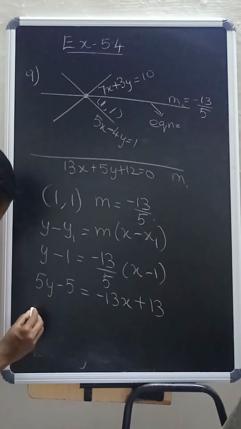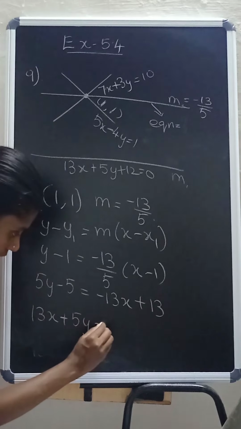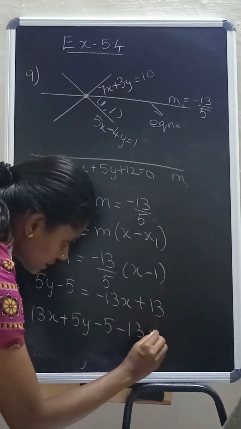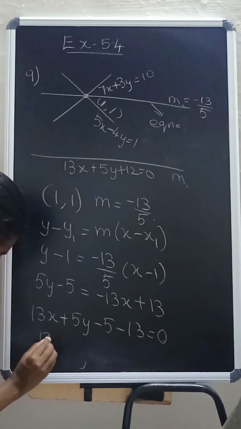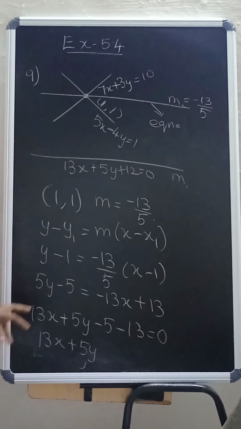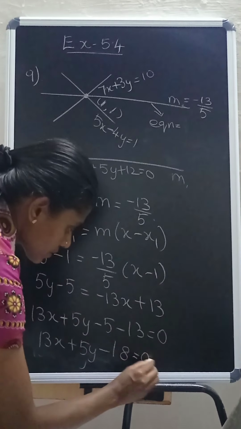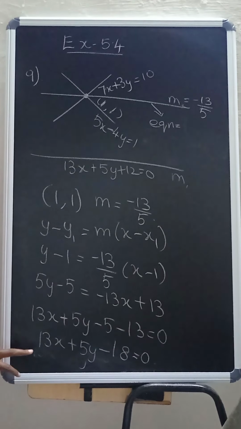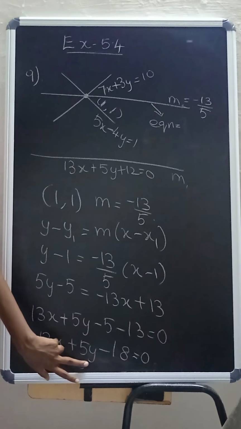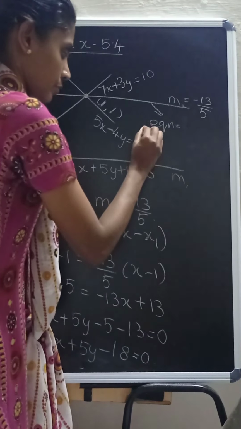Now bring this to the left side. 13x plus 5y minus 5 minus 13 is equal to 0. So 13x plus 5y minus 18 is equal to 0 is the equation of the required straight line.